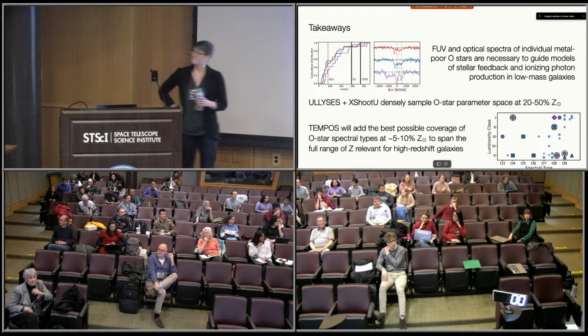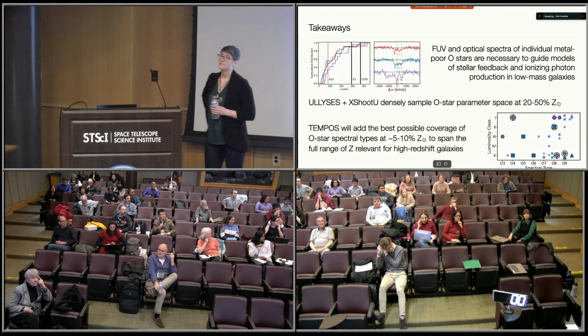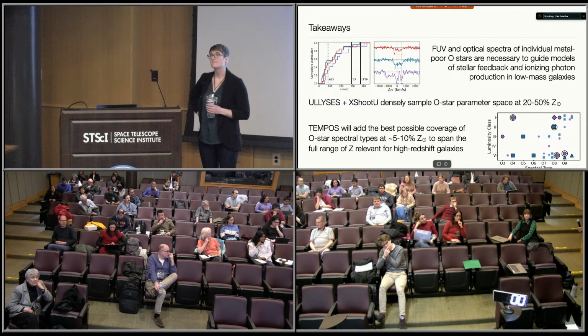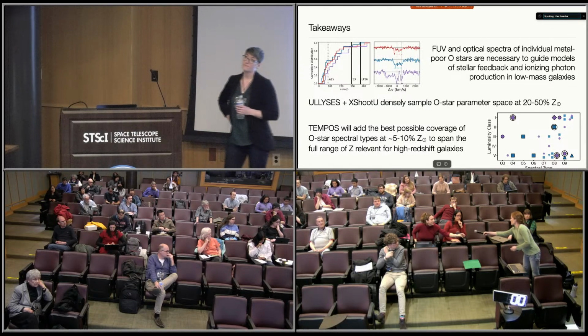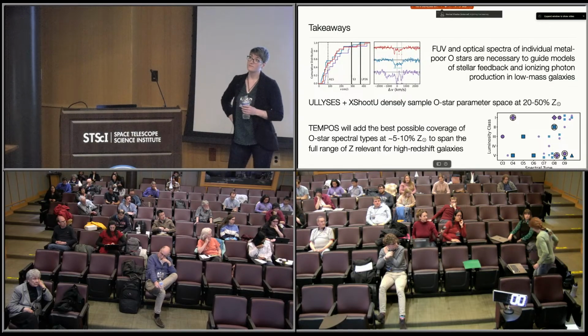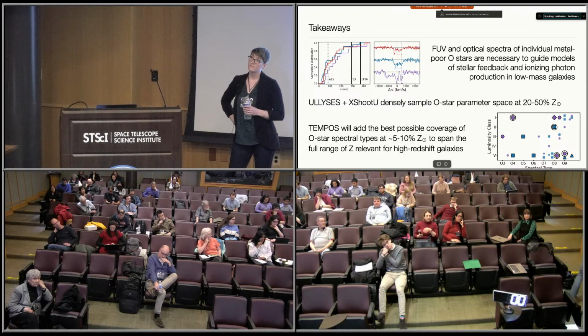Hi, Grace. Great talk and beautiful UV and optical data. The only question I had really is about the application of these local metal poor objects, which we know the oxygen abundance, and we have some hints about the iron abundance, in respect of the high redshift universe.